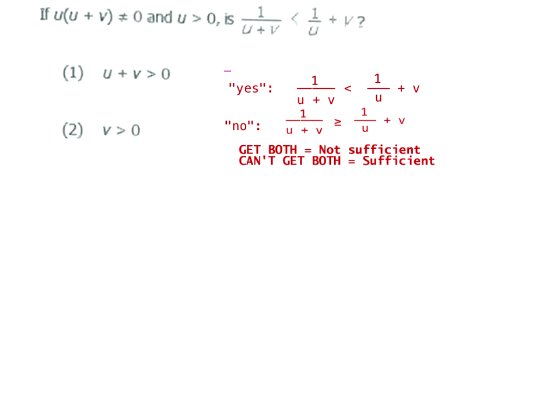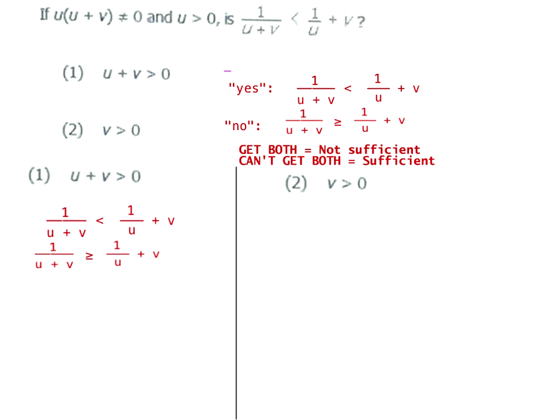What I like to do, and you might think this is overkill, is copy the two statements down here. So here's statement 1, here's statement 2. We can divide the screen up accordingly.